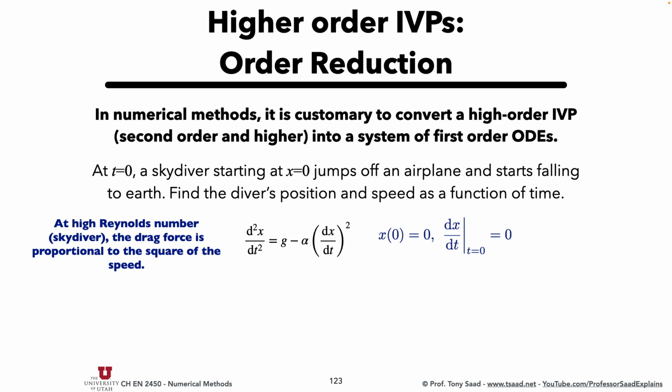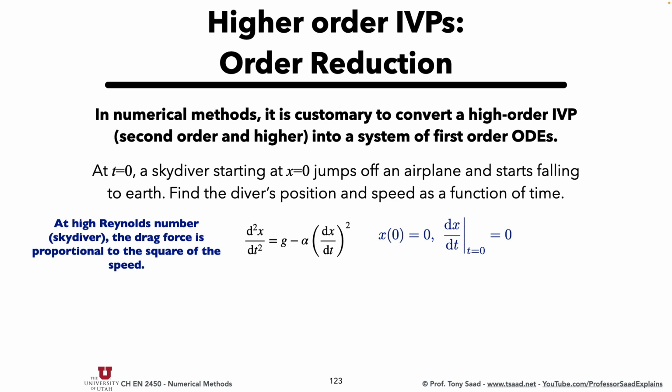X is the position of the parachutist, so dx/dt is the speed, and d2x/dt squared is the acceleration. So this is nothing more than Newton's second law. Alpha is some drag coefficient, and dx/dt is again the speed, squared. So the drag exerted on the parachutist is proportional to the square of the velocity.